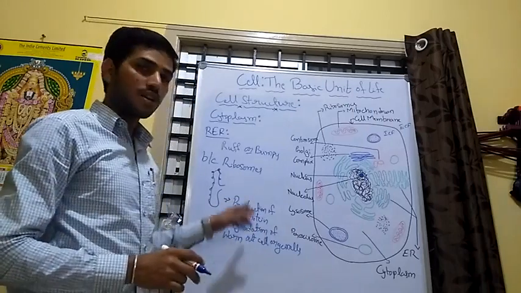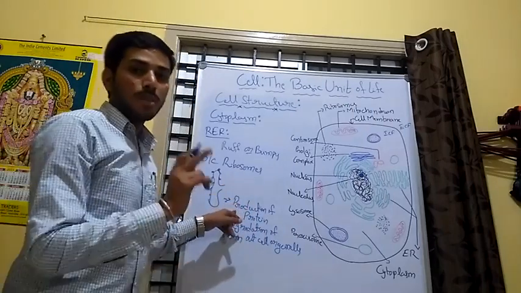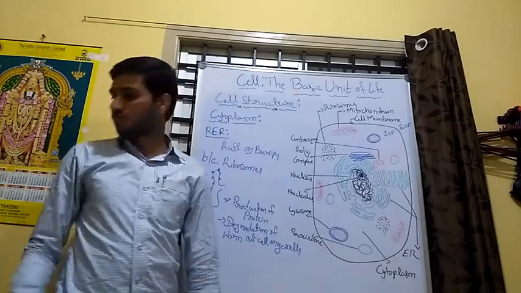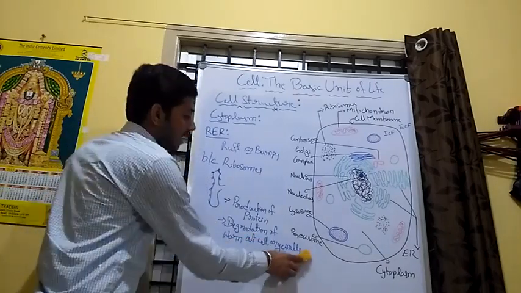The functions of the rough endoplasmic reticulum are the production of protein and the degradation of worn out cell organelles.